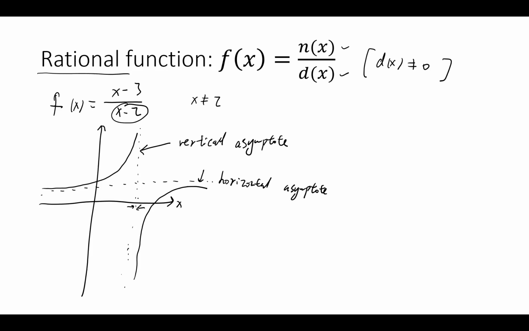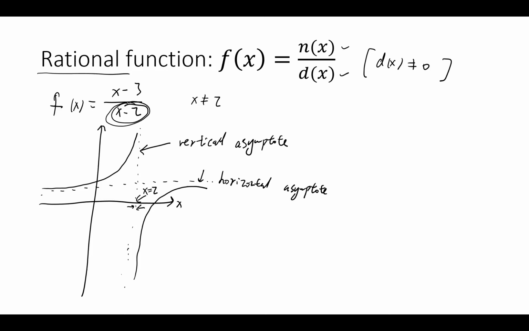So that means that this line should be indicated by x equals 2. In other words, if we want to find the vertical asymptote, we let the denominator go to 0 and ask what value of x makes it 0. In this case, it's x equals 2. But of course, there's a slight complication.